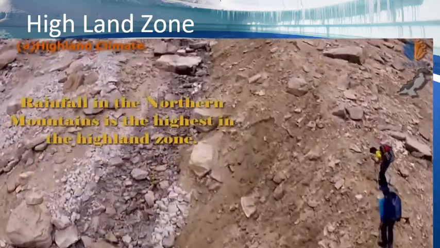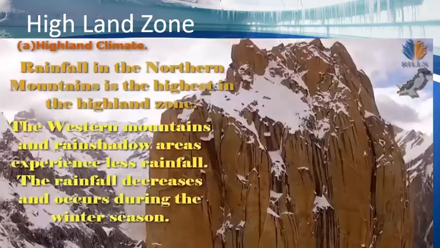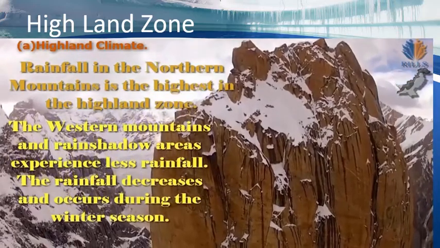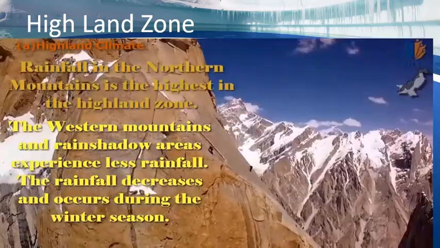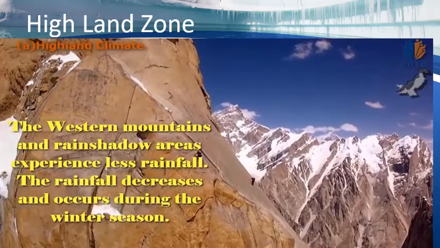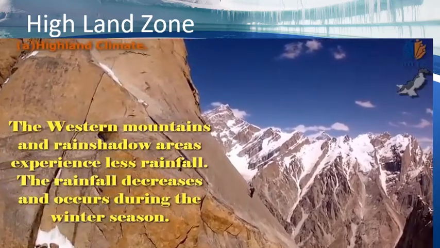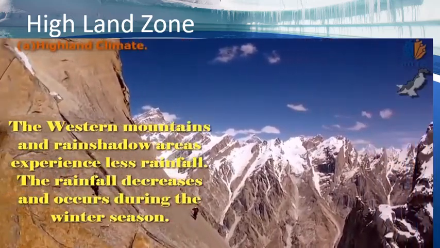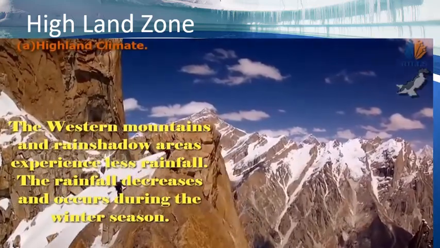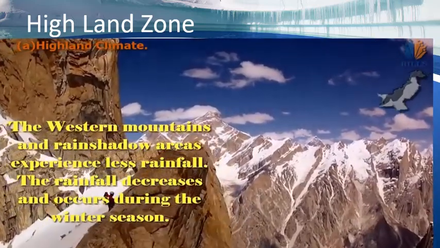Rain in the northern mountains is the highest in the highland zone. The western mountain and rain shadow areas, which include Gilgit and Chitral, experience less rainfall. The rainfall decreases and occurs during the winter season only due to western depression.